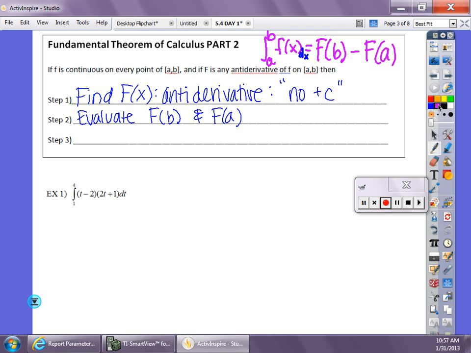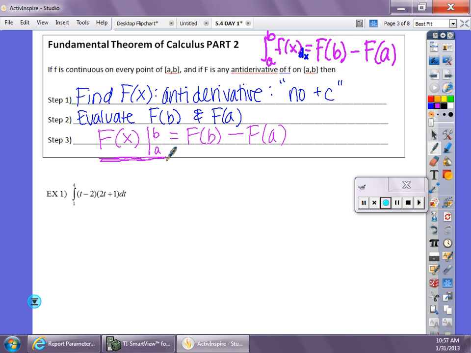And then I'm going to rewrite here, F of x evaluated from a to b is equal to F of b minus F of a. So everything you've seen before, and I'm forcing you guys to see this notation over and over again just because I don't use it that often, but I don't want you to forget what it looks like.